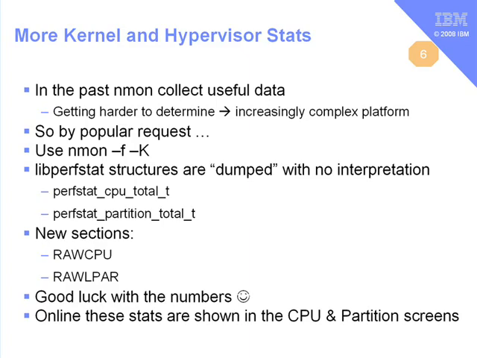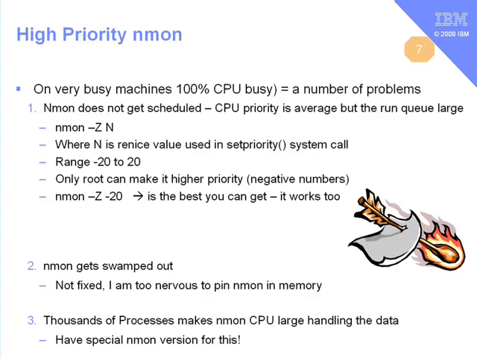But I kept getting requests for, could I have this column, could I have that extra column, and in the end I decided, look, we'll just dump all the numbers out of these two data structures, and I called them raw CPU and raw LPAR data, and then you can deal with those numbers as you like. You have to be careful, some of those numbers are very big, but it's not my problem. You've got the numbers, you can do what you like with them.